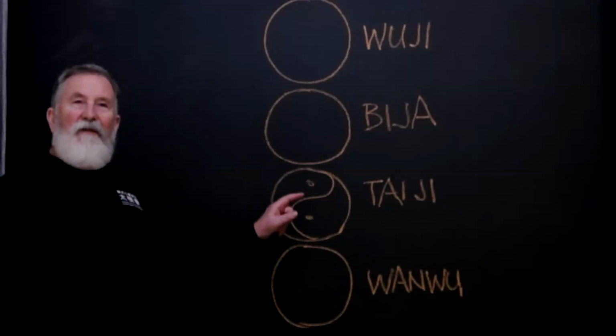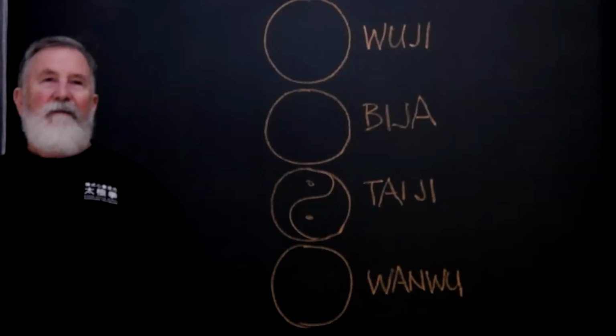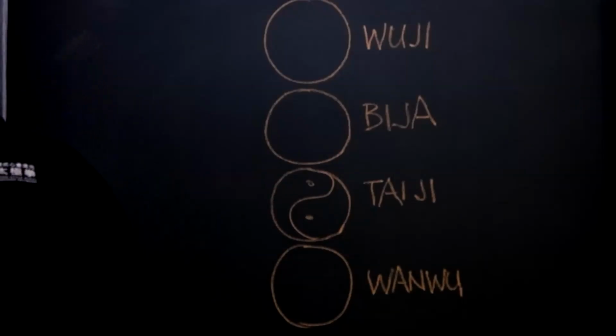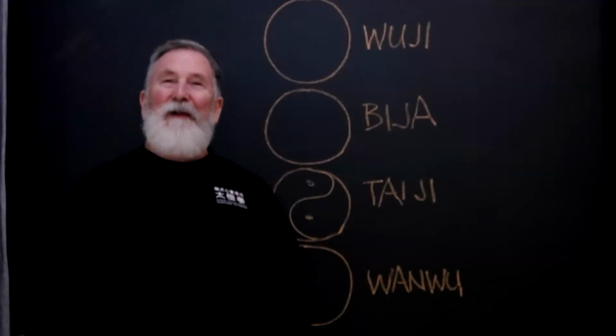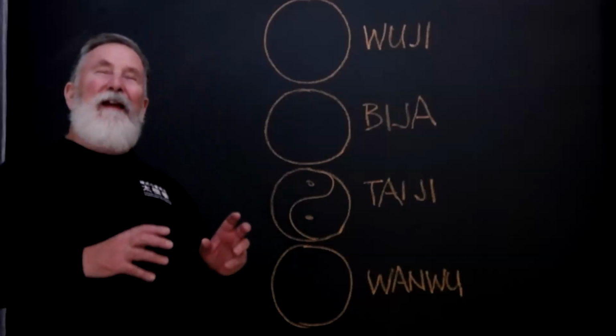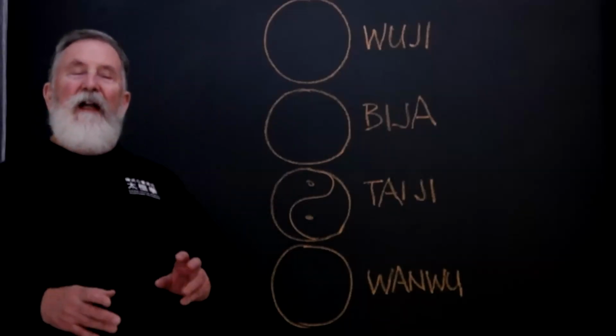So what is the meaning of Tai Chi? What is the literal translation? The dome of the house. Yes, you're right, Catherine. So maybe we won't make it quite so literal. We'll make it a little more metaphoric, right?